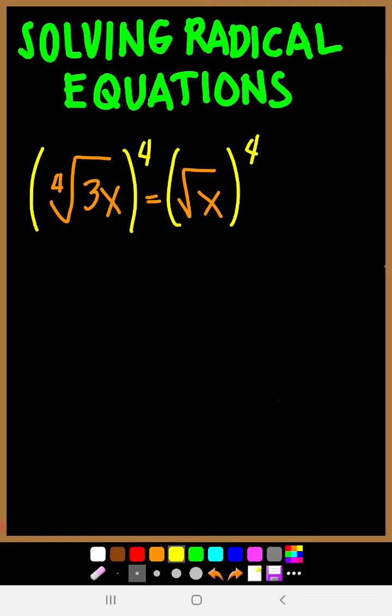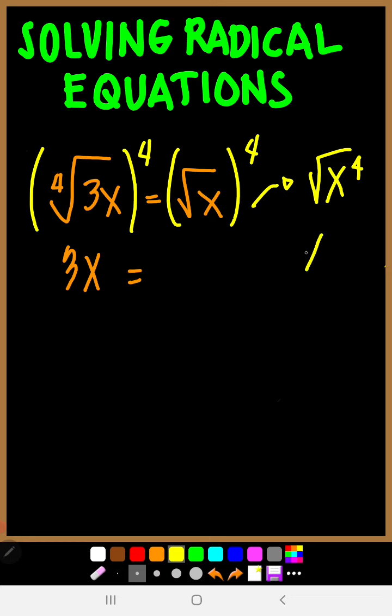So this will become 3x na lang siya. And then, if we transpose, this becomes square root of x raised to 4, right? So, magiging x raised to 4 over 2 siya.